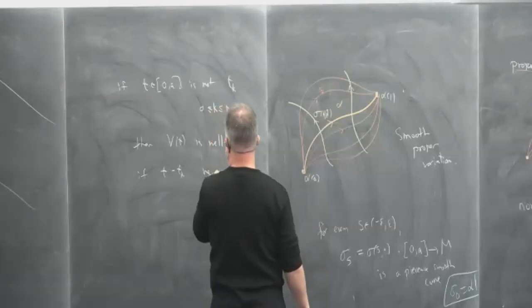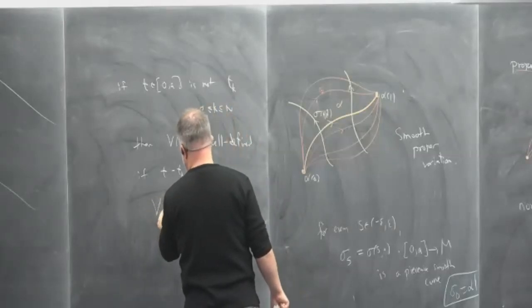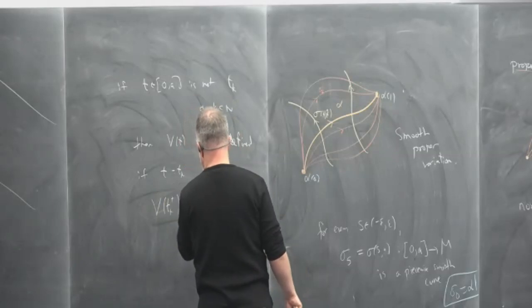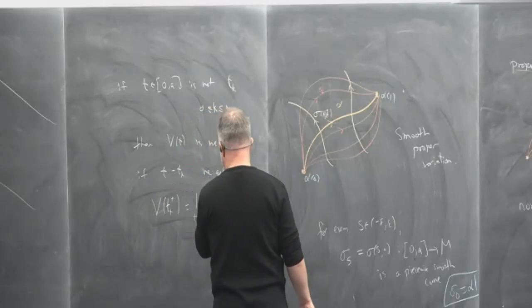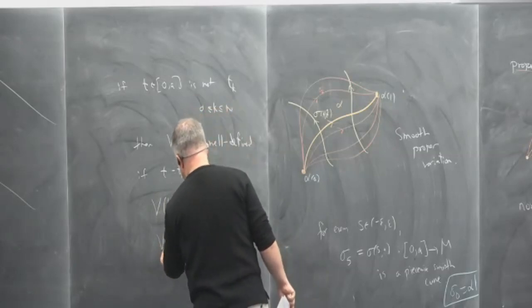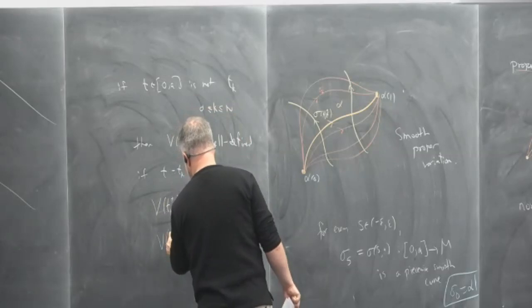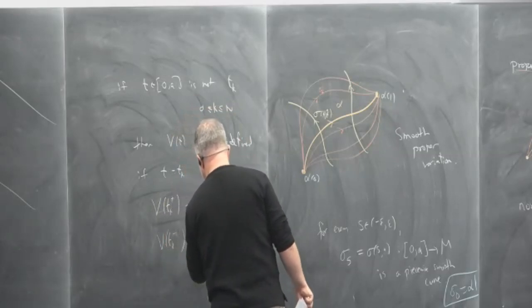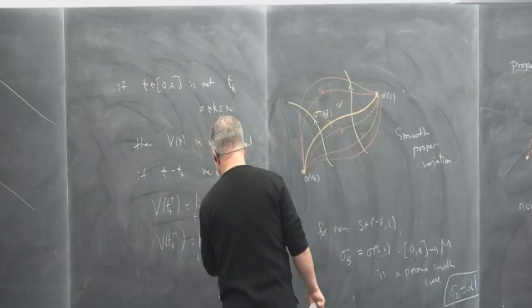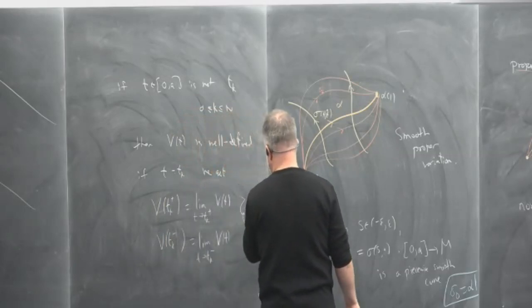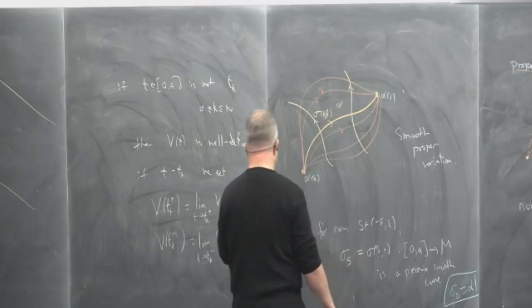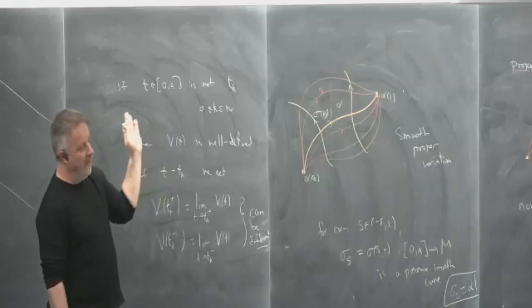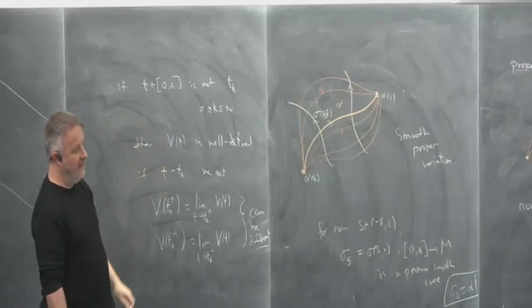But if t equals t_k, then we get V at t_k plus is the limit as t goes to t_k from above of V of t, and V of t_k minus is the limit as t goes to t_k from below of V of t. These can be different. So that's why I say V is piecewise smooth, right? It's a vector field along gamma, but it can have jump discontinuities in V.